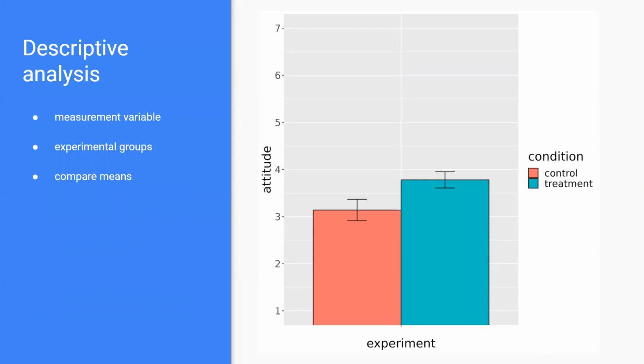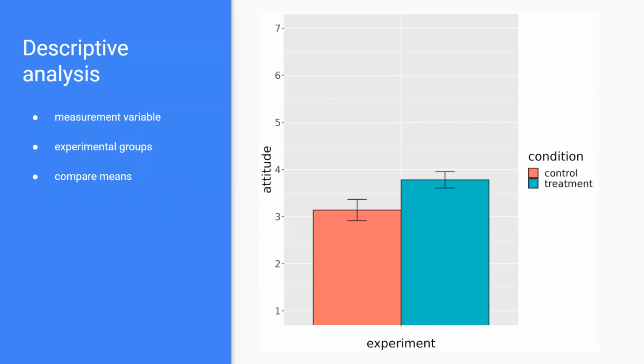We have a control condition, which is here shown with the orange color, and we have a treatment condition. So the first thing we do when we analyze our data is to descriptively find out differences when it comes to mean values, the averages in these two conditions. And maybe we hope to find something like this.